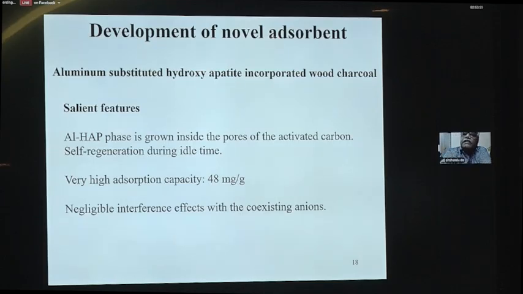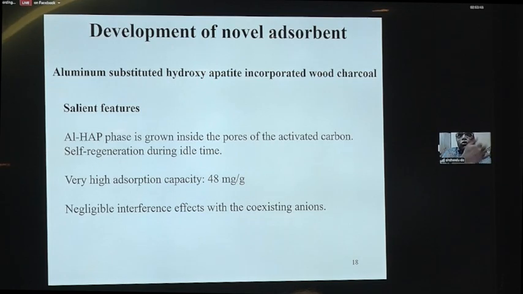Typically these filters are operated for 5 hours a day. After 5 hours, it will lie idle, and during this time, what happens? The apatite phase, which has adsorbed fluoride, there will be a surface diffusion of the fluoride into the interior parts of the pores of the carbon.